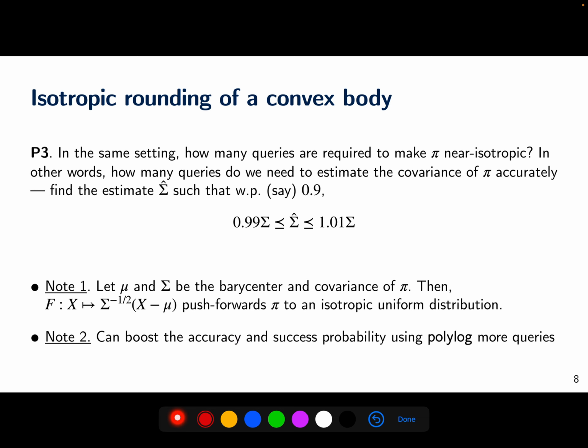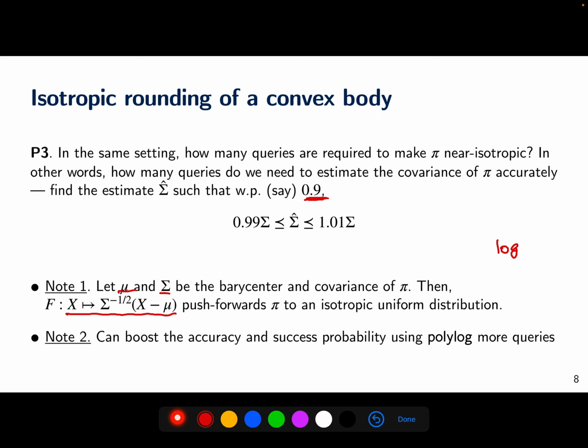The reason is, if you're able to estimate the mean mu and the covariance pretty accurately, then through this affine transformation, you can make sure the push forward distribution through this F is very close to the isotropic uniform distribution. And you can boost up this probability as much as you want by spending some log factor more queries. This is a very standard technique, taking some sort of median.